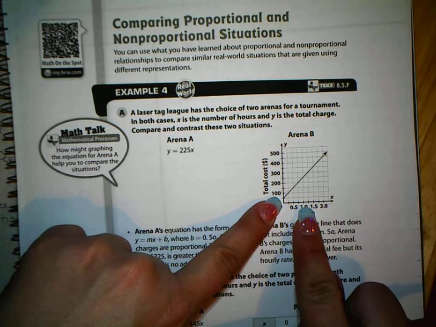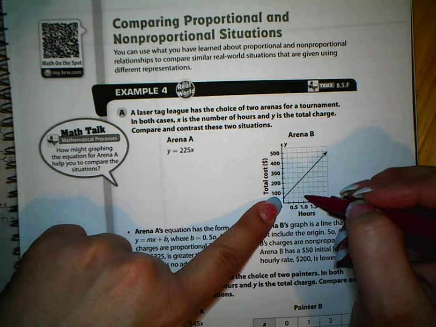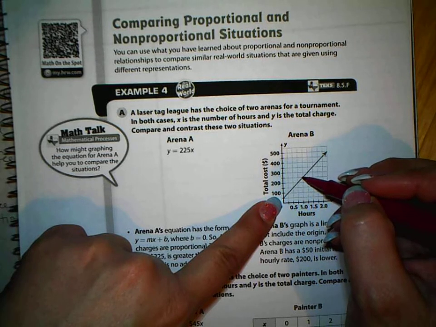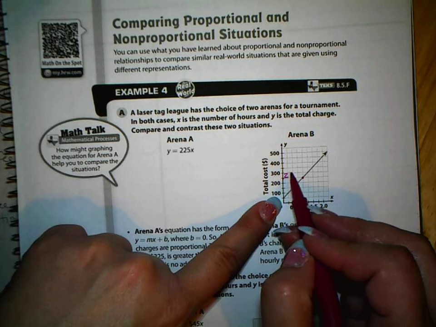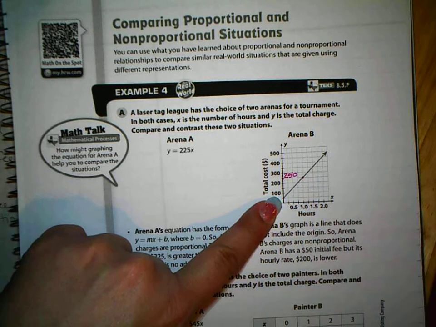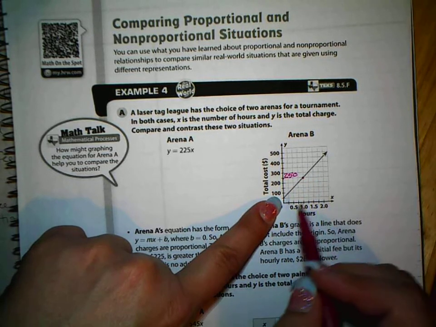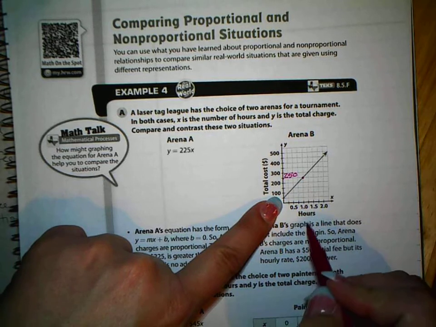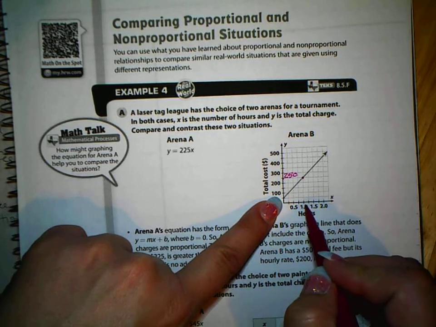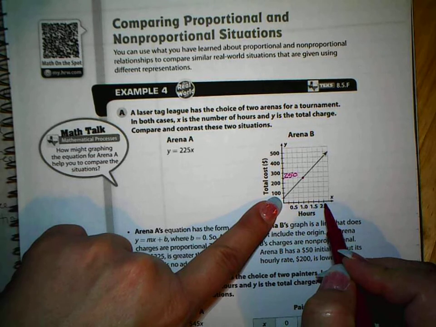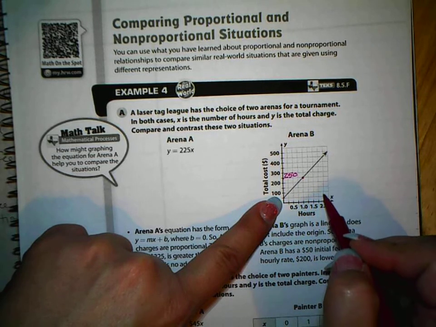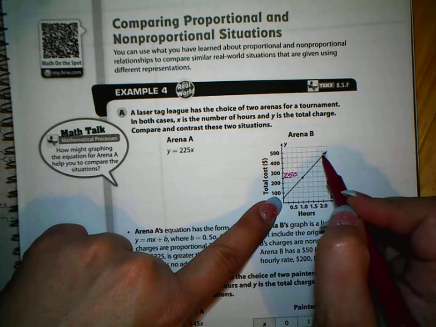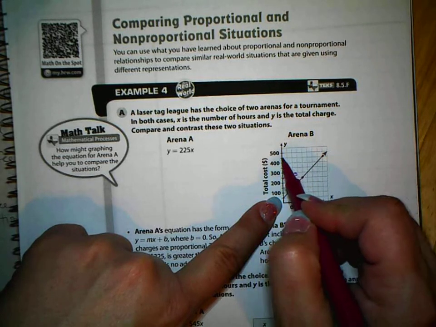I'm going to come over here to 1 hour, and I'm going to go up, and that's the point which comes over here to 250. Okay, so we're being charged, it looks like, $200 for 1 hour. So that means that then I shouldn't be paying $450, which looks to be true.